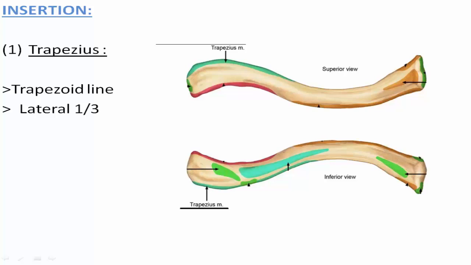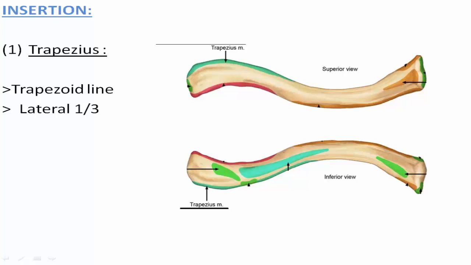Next, about the insertion. The muscle which is inserted in the clavicle is trapezius. As we have discussed in the bone anatomy, the trapezoid line is present in the posterior aspect of lateral one-third.